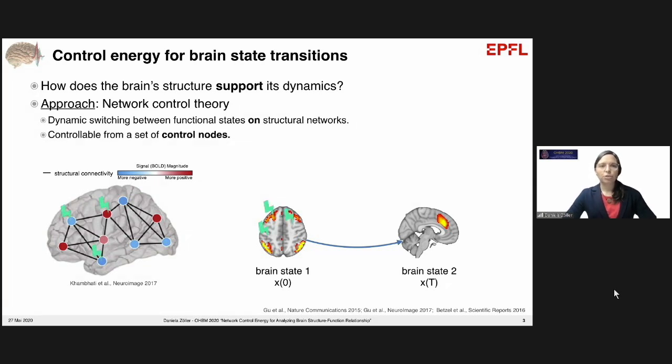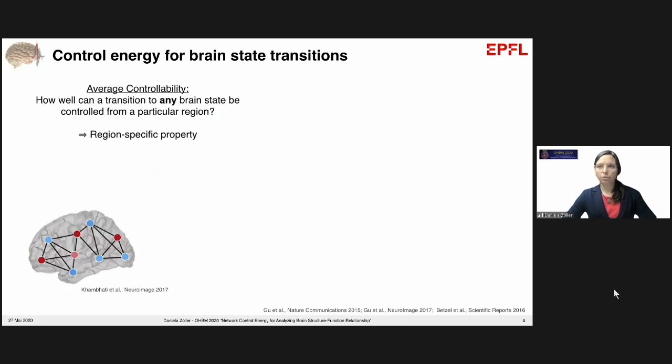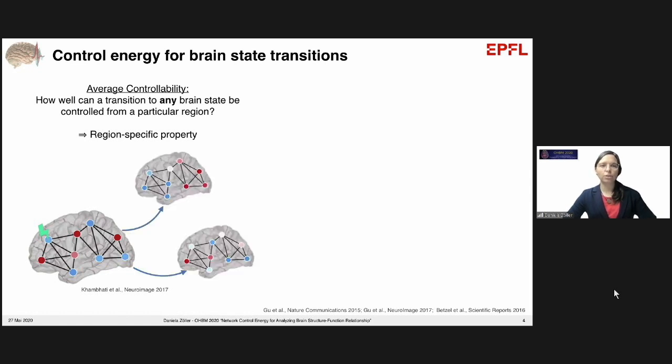And the second assumption is that this activity can be controlled through a control input at different nodes of the brain. In average controllability, which you will have seen in the talk before me, we look at control inputs on a single region and we investigate how well the brain could be transitioned to any other state from there.